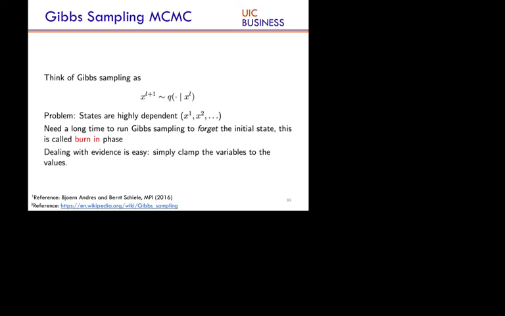So given the current state, you get to some next state. So it's a conditional probability distribution actually. So Gibbs sampling, although it consists of many steps, can be viewed as a transition from one state to another state, and that's where you get into the theory of Markov chains.